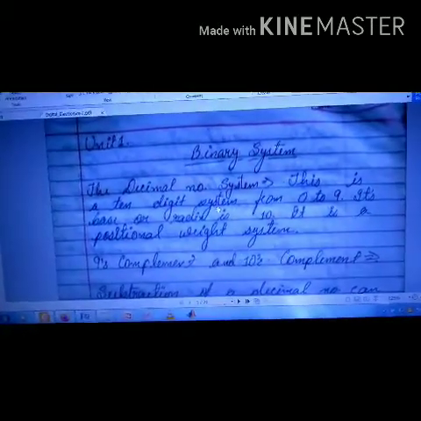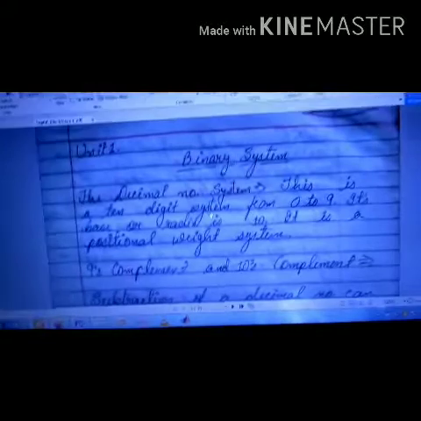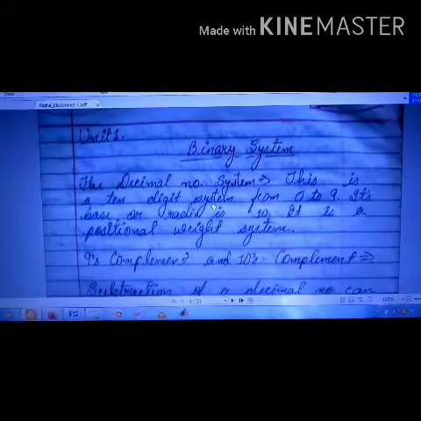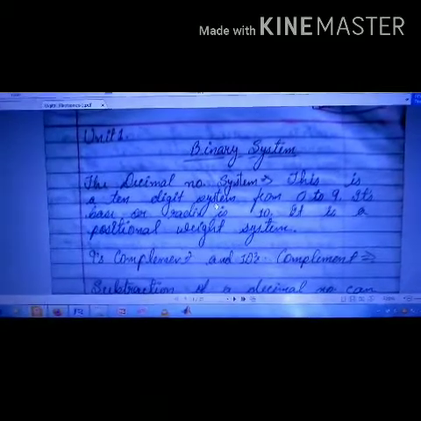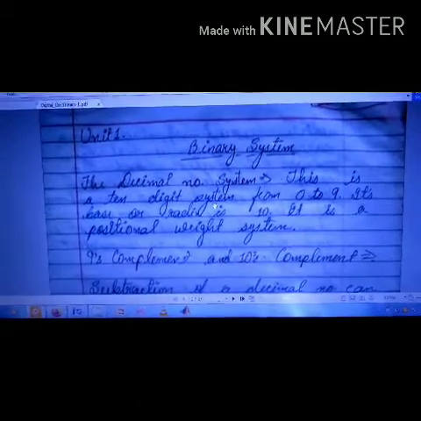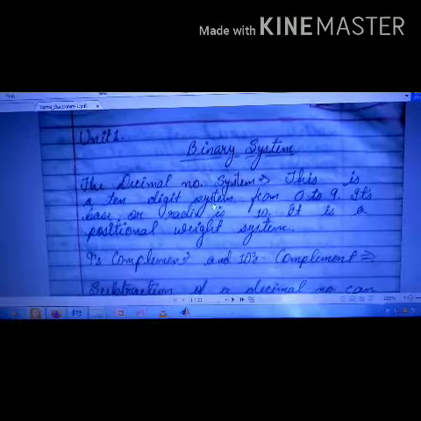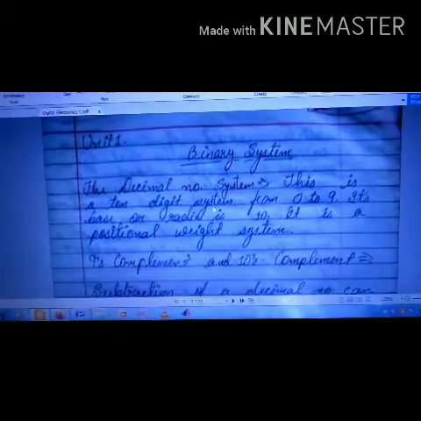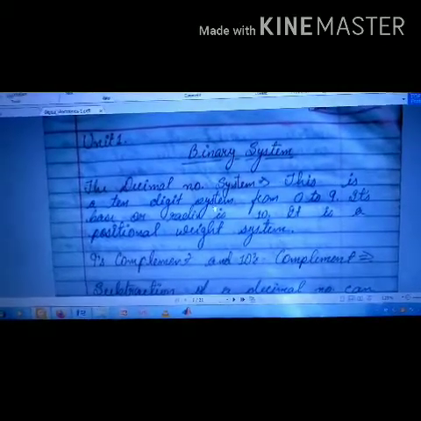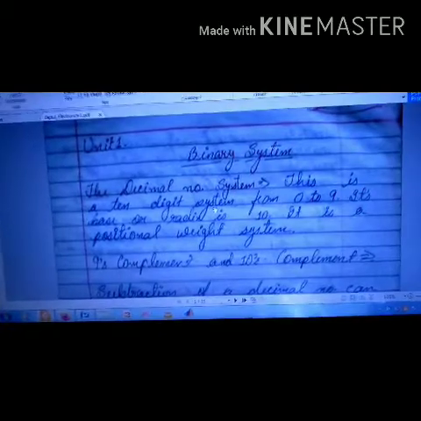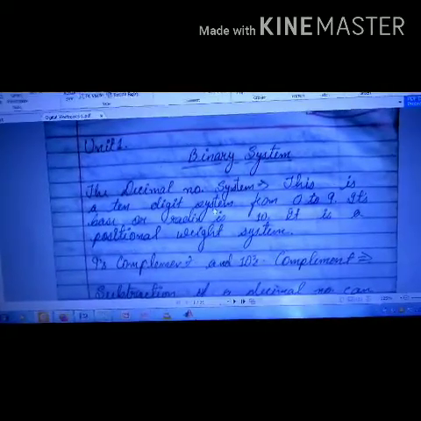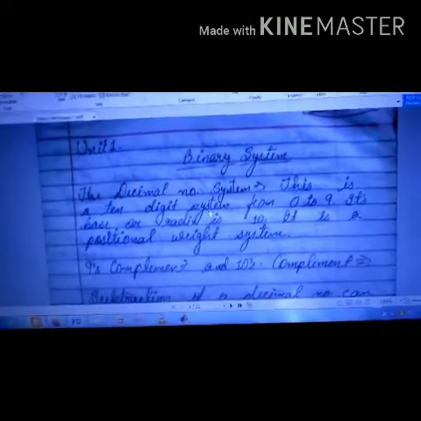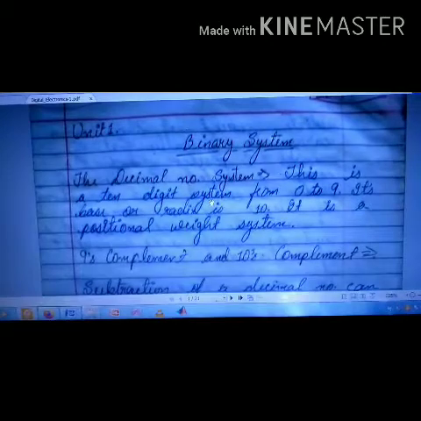We all know, and I think you are fluent enough in mathematics, that you can add and subtract two decimal numbers. So you might be thinking, what is the need of studying a new method of subtraction for decimal number systems like 9's complement and 10's complement? It is important to understand why we are learning them.